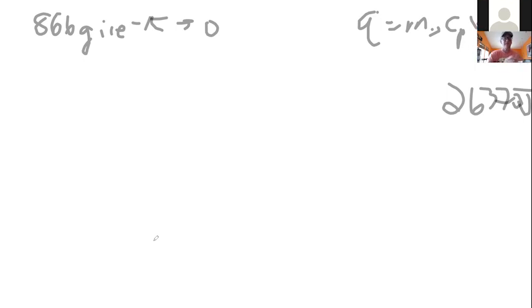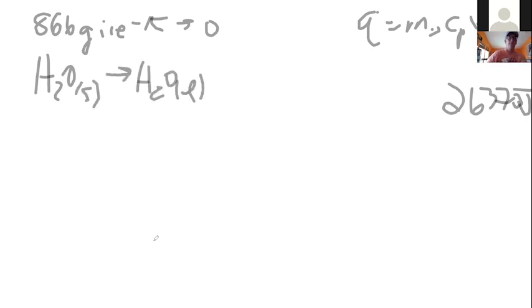We need to convert H2O solid to H2O liquid. What information do I need to solve that? Is that a heat capacity problem? Do I need the heat capacities for solid and liquid to do that? Or what do I need? What information from the question do I need to solve that?